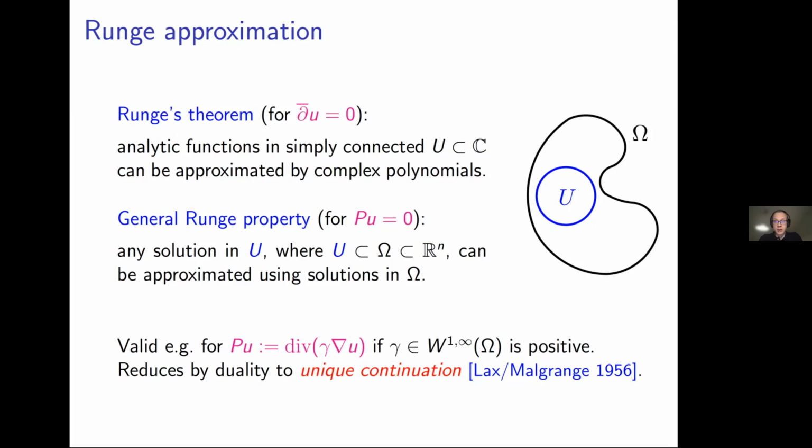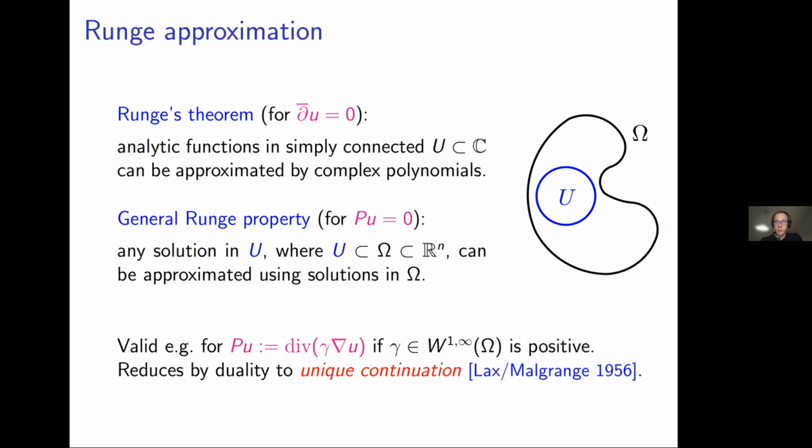And this comes from the classical theorem of Runge in complex analysis, coming from, I think, 1885 or something like that. This theorem says that if you have an analytic function in a simply connected domain U in the plane, then you can approximate that analytic function uniformly on compact subsets by complex polynomials.